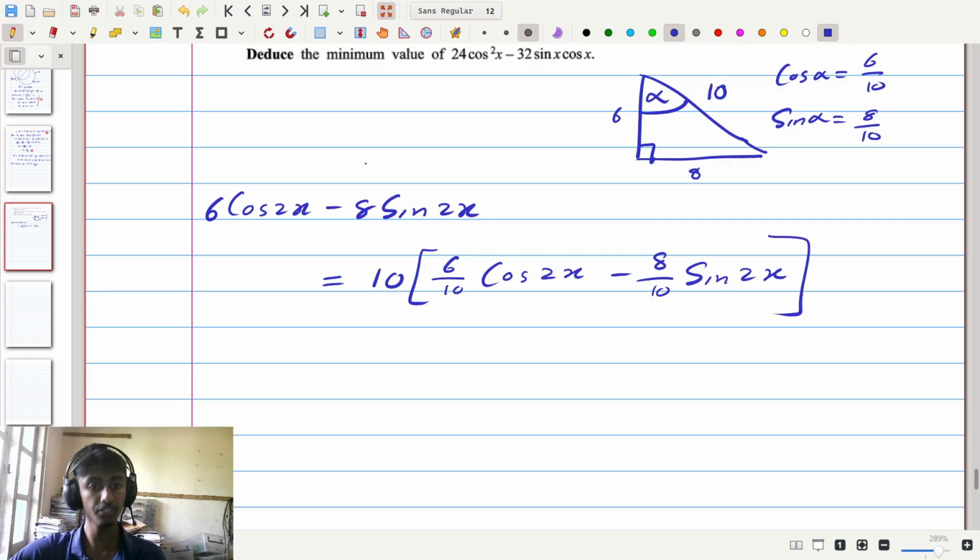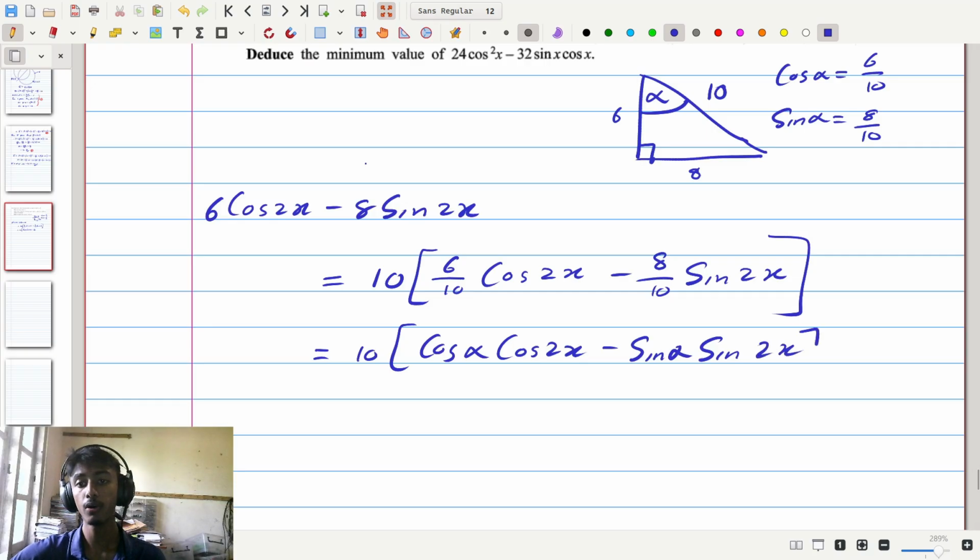Since we multiplied and divided by the same number, nothing actually happened to the value. It's the exact same value, but now we have 6 over 10 here and 8 over 10 here. Now 6 over 10 is equal to cosine of alpha and 8 over 10 is equal to sine of alpha, and therefore we can convert this into 10 times cosine of alpha cosine of 2x minus sine of alpha sine of 2x.